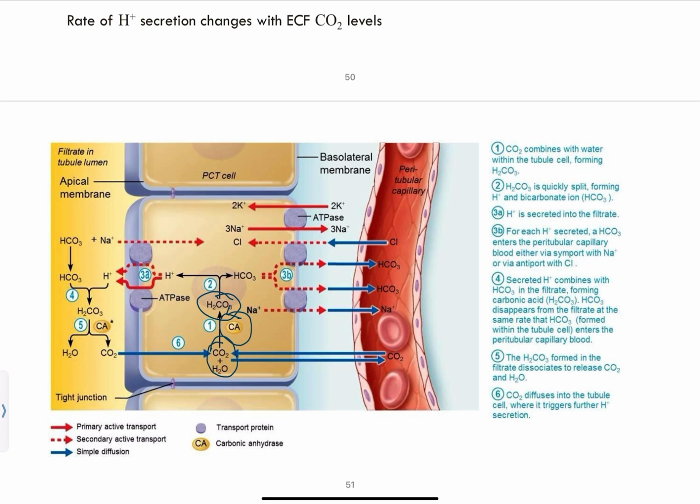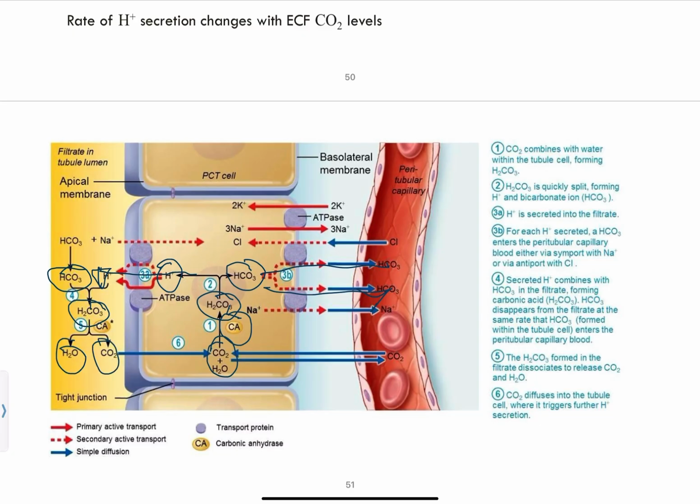Carbonic acid is incredibly unstable and is going to dissociate into the bicarbonate ion and a hydrogen ion. The bicarbonate ion is going to be pumped out to go to our blood to act as a buffer. The hydrogen ion is going to get pumped out to our filtrate. When it's in our filtrate, it can combine with a bicarbonate ion there, reforming carbonic acid and splitting into water and carbon dioxide.